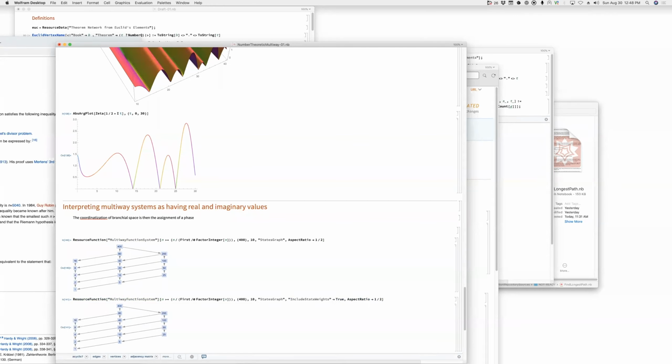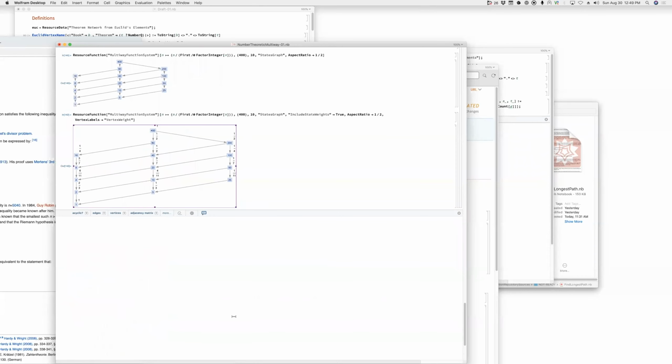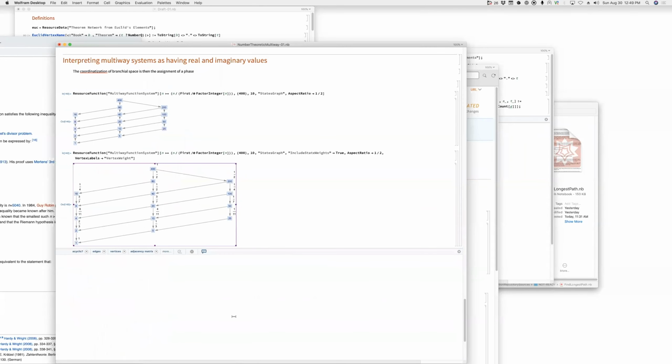Vertex labels goes to vertex weight. Why is that looking like it's labeling the edges, not the vertices? Or is it in fact labeling the vertices? It's labeling the vertices, that's a layout thing. Okay.